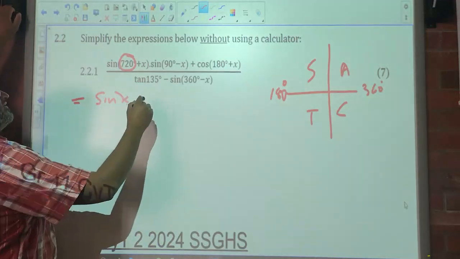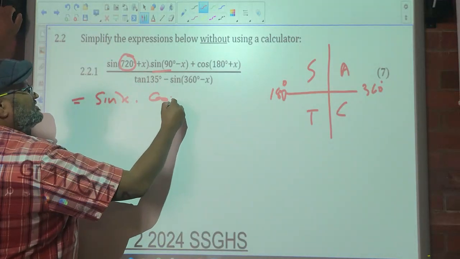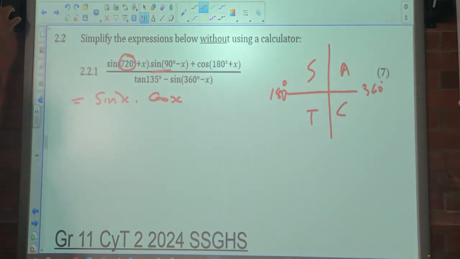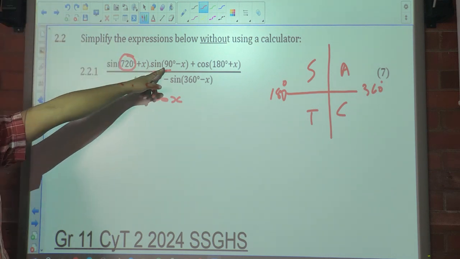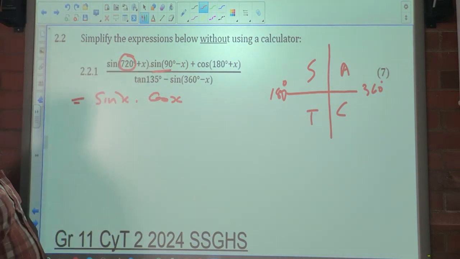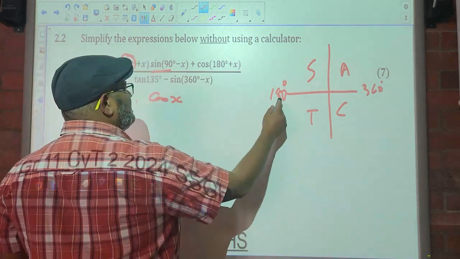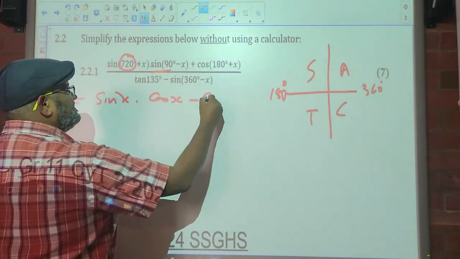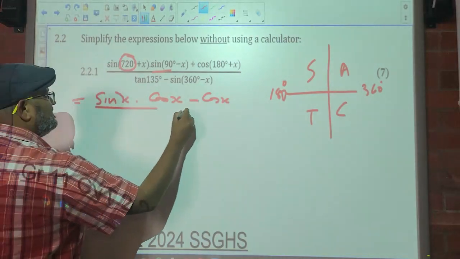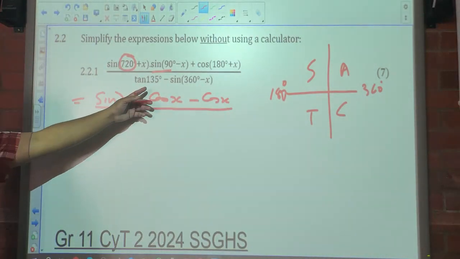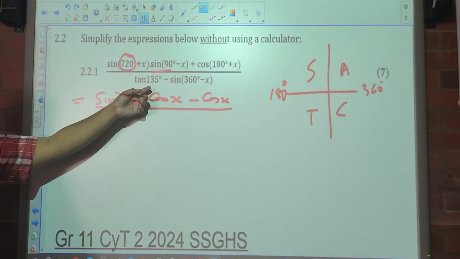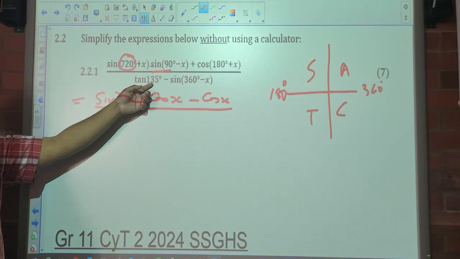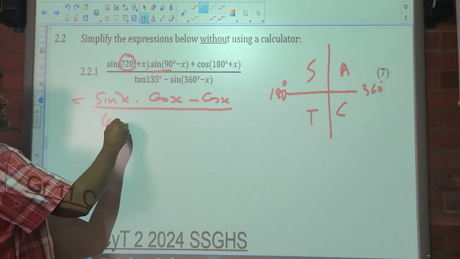What does it change to? Cos x, the co-function. 180 plus x, which quadrant is that? Third quadrant. Is cos positive or negative? Negative cos x. Now the 135 is in which quadrant?